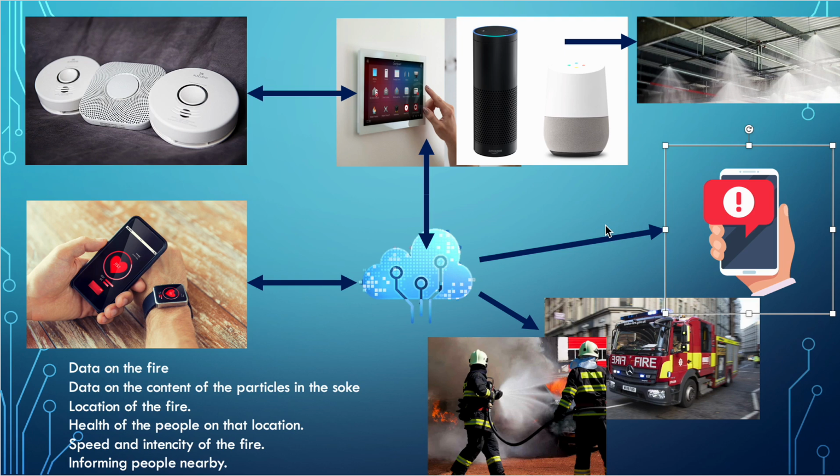Critical alerts can be sent to the people who are working in the building, saying that there's a fire on this particular floor, please evacuate the building. Do not engage with this particular floor, try to avoid it.